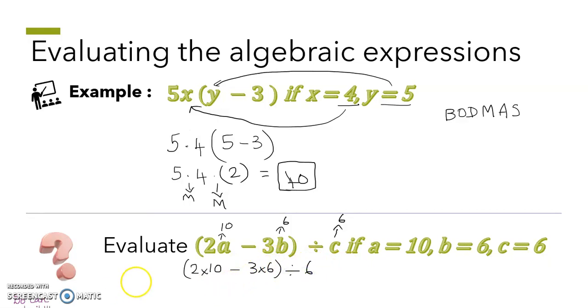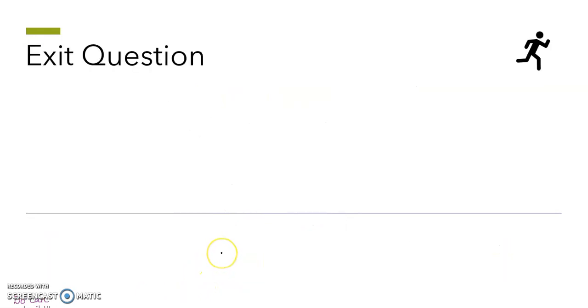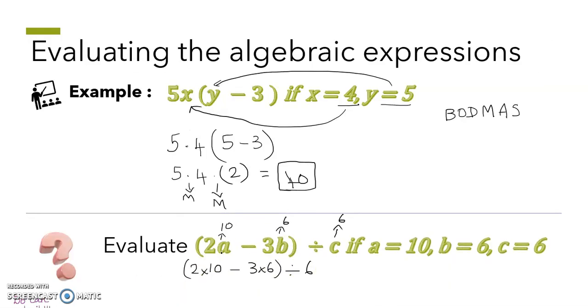So first we will do what is within the bracket. Within the bracket you have 20 minus 3 times 6, which is 18, divided by 6.